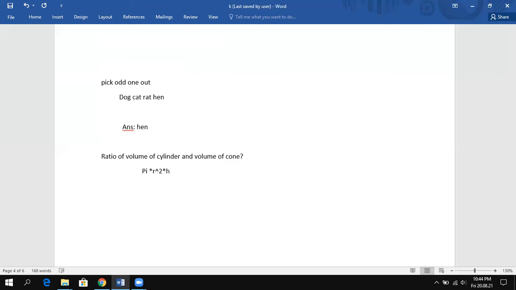That's it, right? Whole divided by volume of cone, which could be 1 by 3 pi r power 2 into h.